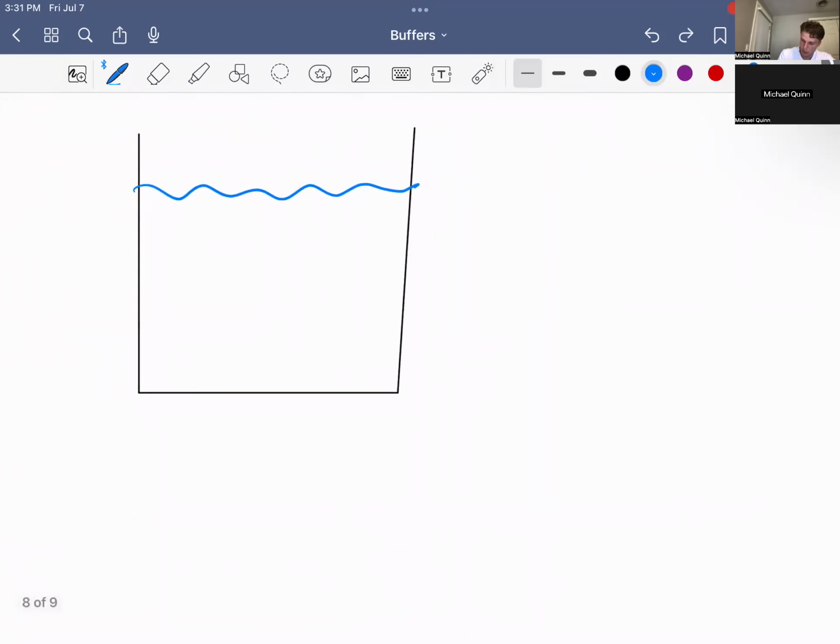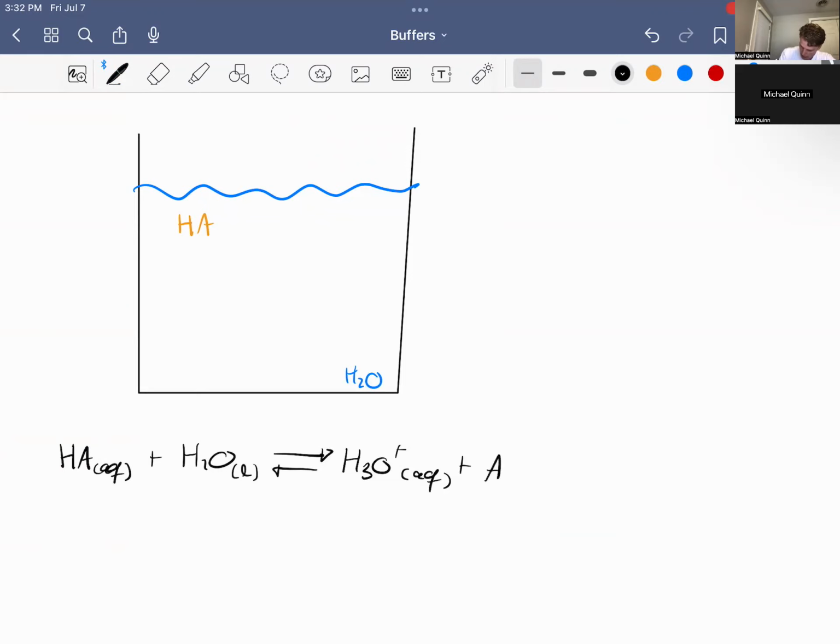So we have HA and H2O. We know the reaction that is going to be run is HA aqueous plus H2O liquid goes to H3O plus aqueous plus A minus aqueous.